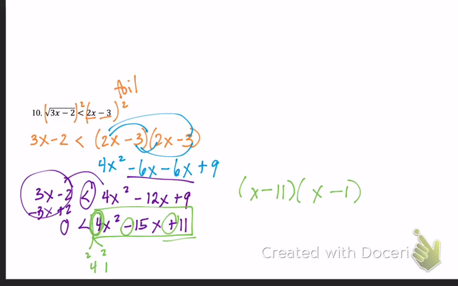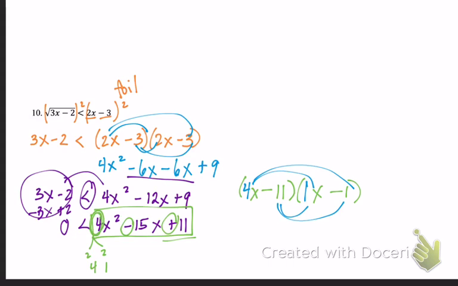So I'm going to think, okay, if I put 4 and 1 here, so if I did 4x and then just 1x, when I multiply that out, I end up getting 4x squared minus 4x minus 11x plus 11. Now that ended up working, which was great.